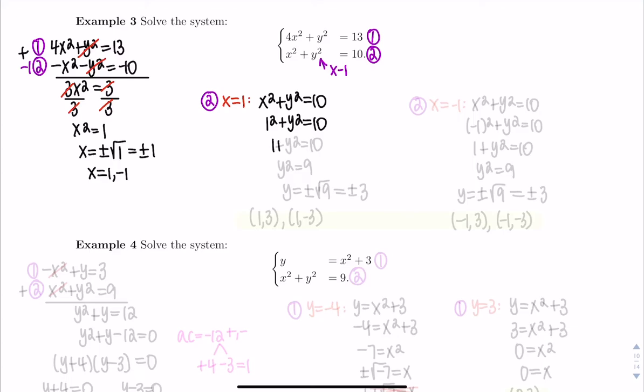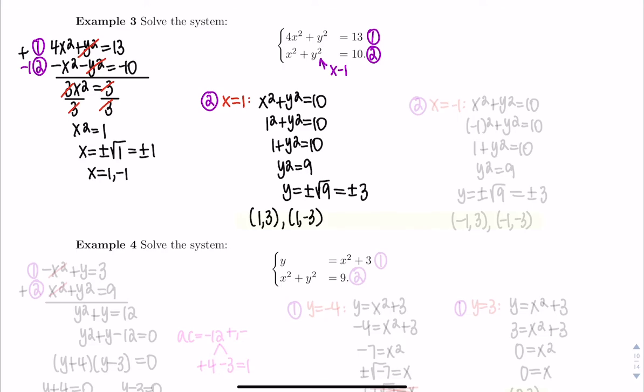Well, that's 1 plus y squared equals 10, or y squared equals 9. Again, by the square root property, we get y equals plus or minus the square root of 9, which is plus or minus 3. So this time I have two y values with a single x value. So I have the points 1, 3 and 1, -3.